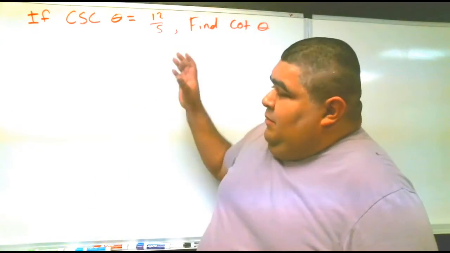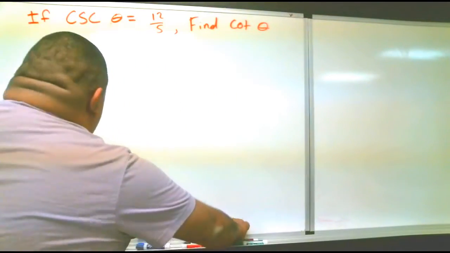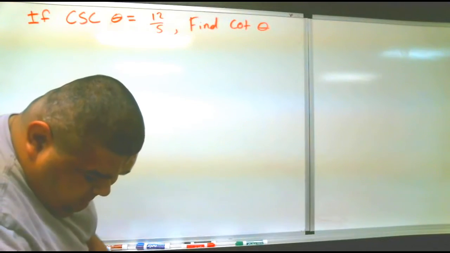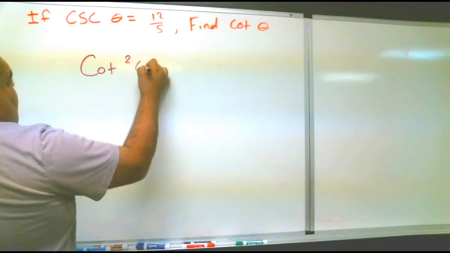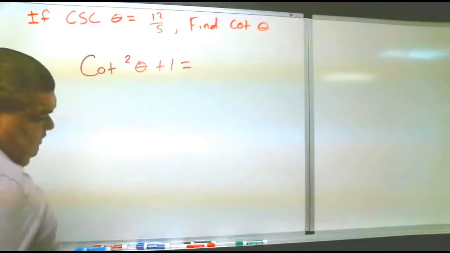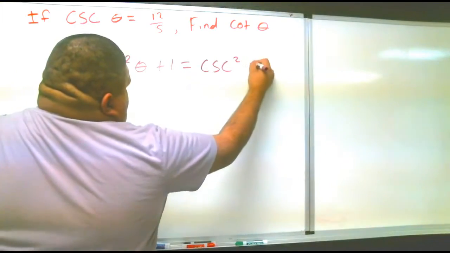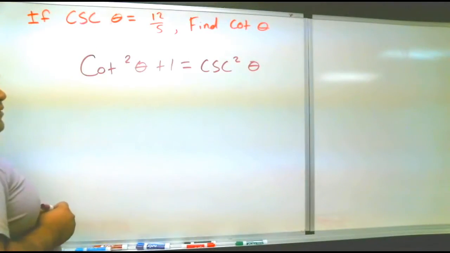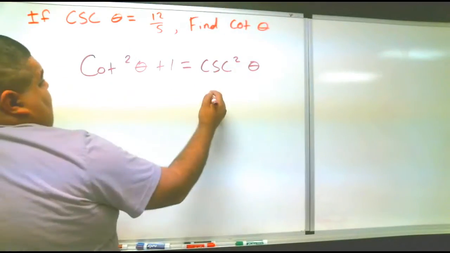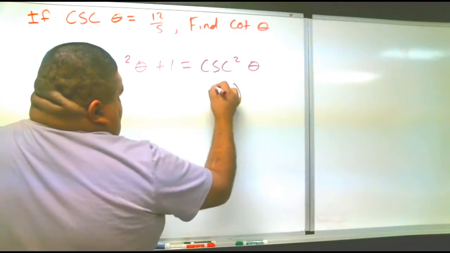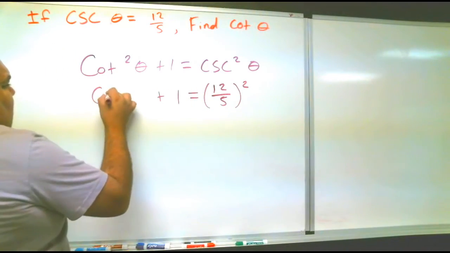But we do have an equation that works specifically for this one, which is cotangent squared theta plus 1 equals cosecant squared theta.